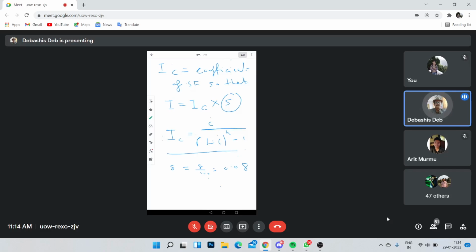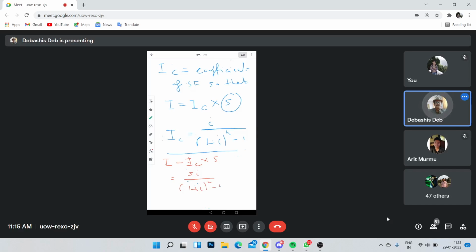Now, this is the formula IC equal to this, and since I have already written I equal to IC into S, so IC I have already derived, i divided by (1 plus i) to the power n minus 1.